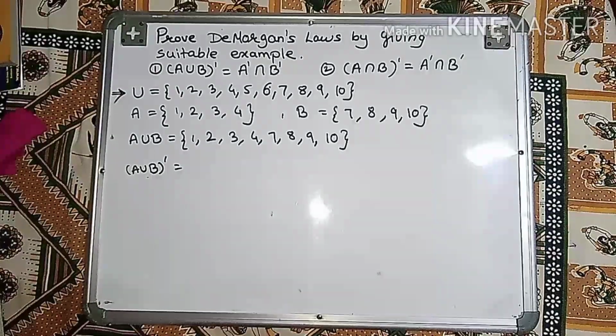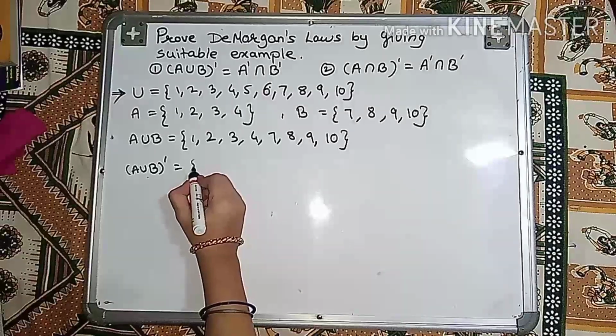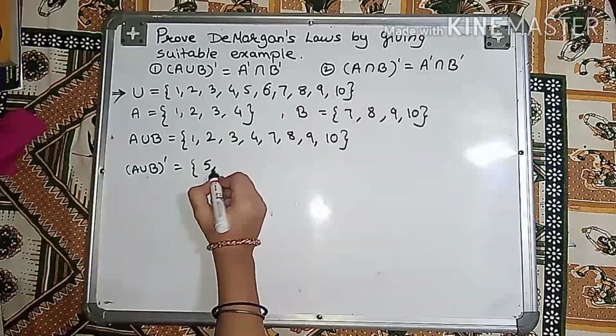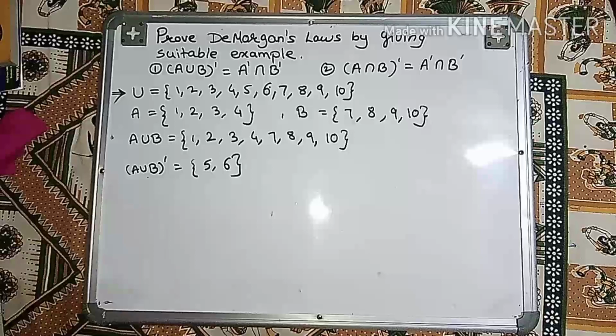It means the elements of U which are not in A union B. So what we get? 5 and 6. (A union B) dash is 5 and 6.